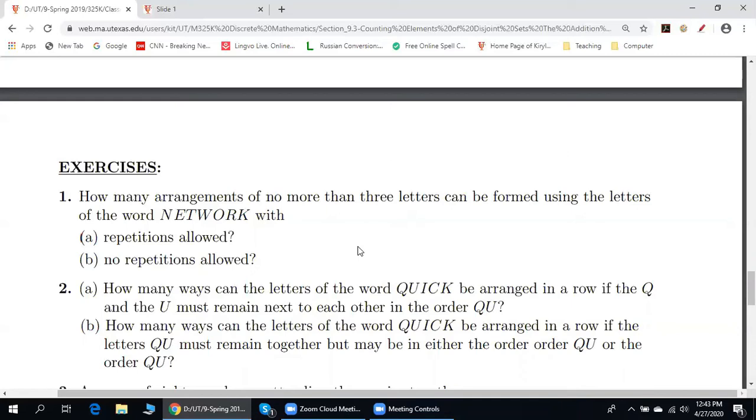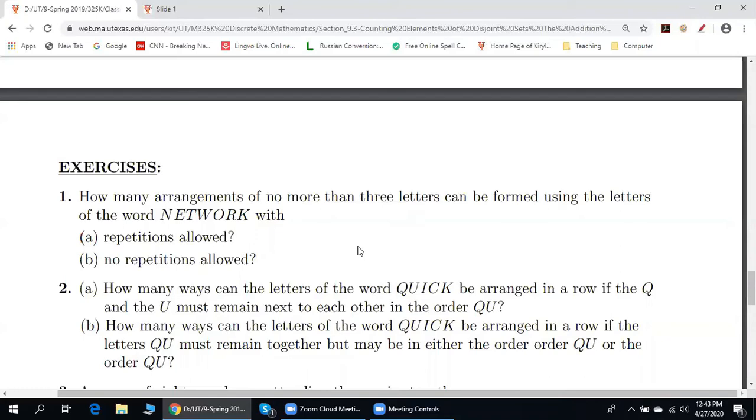No repetitions allowed. Again, we have 3 cases: 1 letter word, 2 letters word, 3 letters word. For 1 letter words, we have 7 possibilities. For 2 letters words, it would be 7 times 6.